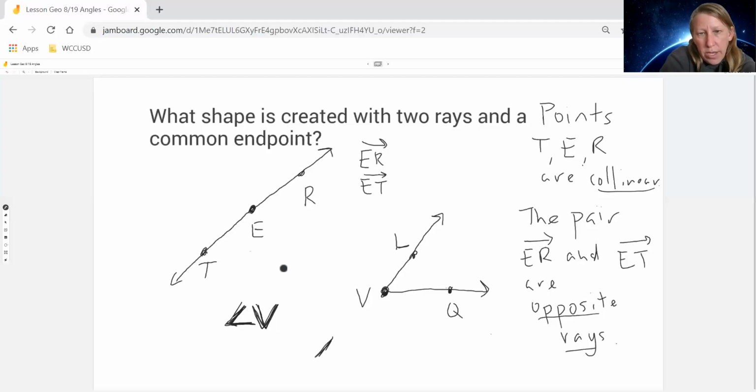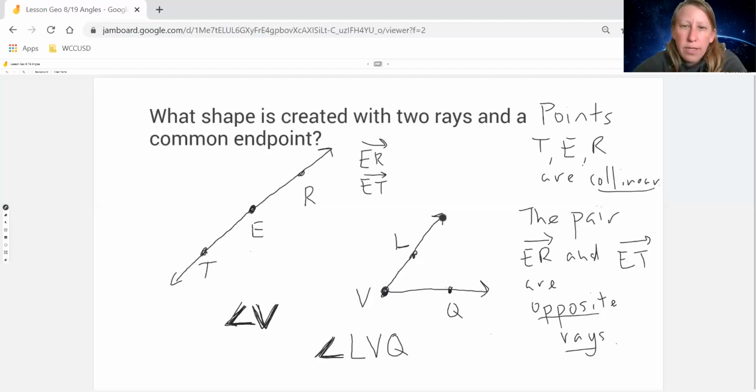I could also use 3 letters to name the angle. So I could put the angle symbol and then I could put L, V, Q. If I say, hey, look at my paper, can you find angle LVQ? You'd be like, yes, Miss Bliss. If I start at L and I go to V and I go to Q, I have drawn that set of points.